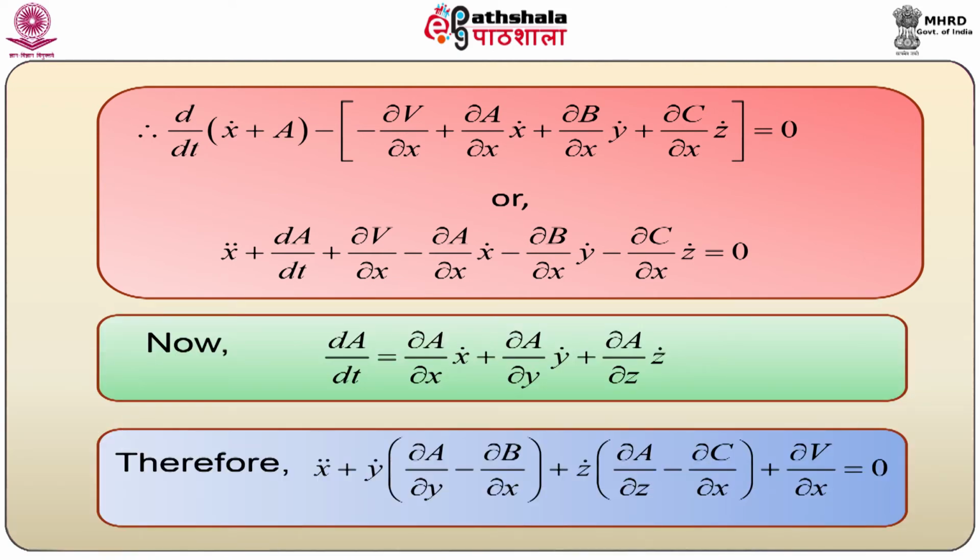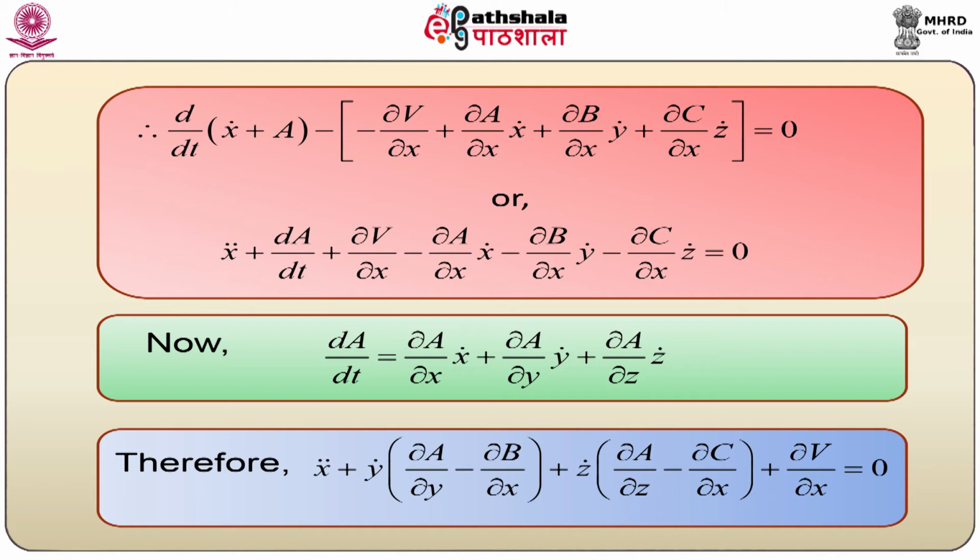Let us calculate dA/dt. Here A is a function of small x, y and z. So, dA/dt is equal to ∂/∂x of capital A into ẋ plus ∂/∂y of capital A into ẏ plus ∂/∂z of capital A into ż.